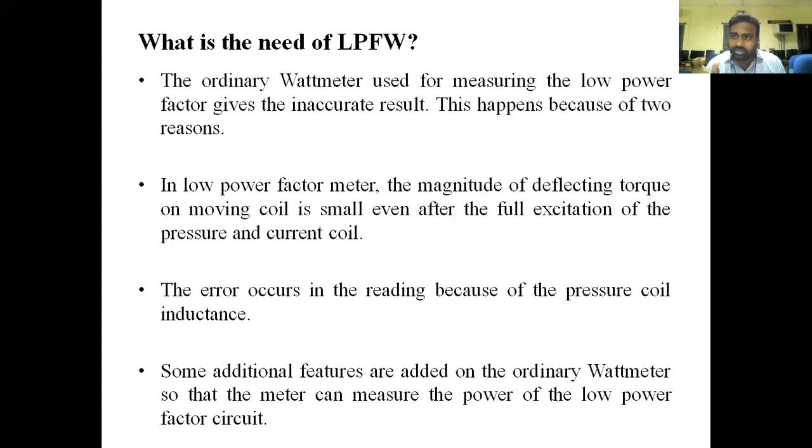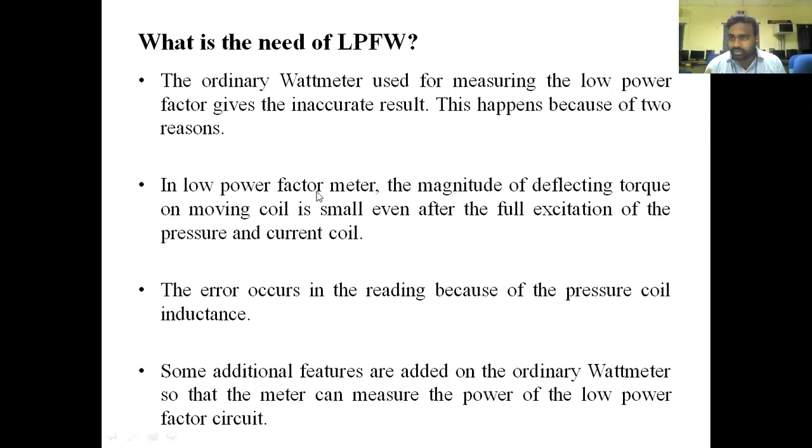If we use a UPF wattmeter for measuring low power factors, it creates error or inaccuracy in the results. Why is the existing UPF wattmeter not sufficient to read the low power factor of a highly inductive circuit? Because of the magnitude of the deflection torque.